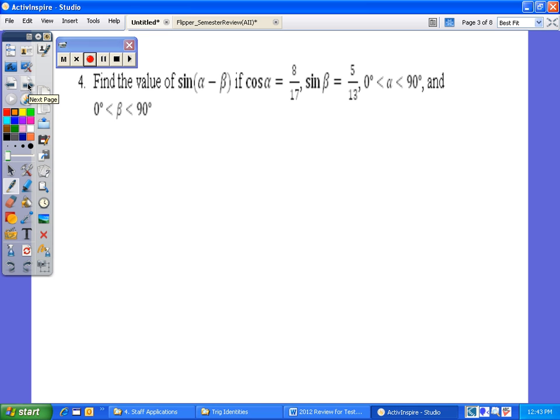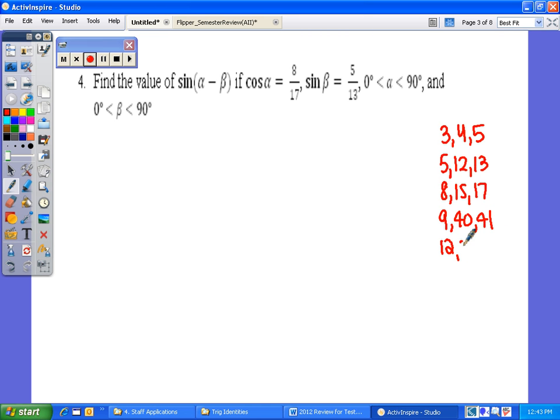Number 4 says find the value of sine of A minus B if cosine of A is equal to 8 over 17 and sine of B is 5 over 13. This is your triples. I think there are 7 triples that I need you to know: 3, 4, 5; 5, 12, 13; 8, 15, 17; 9, 40, 41; 12, 35, 37.